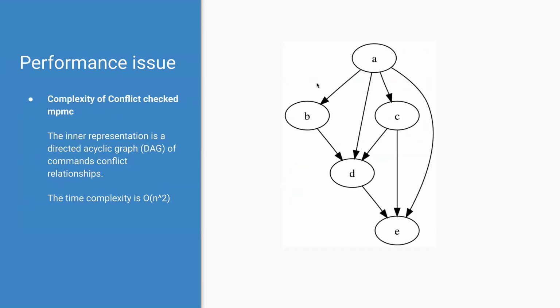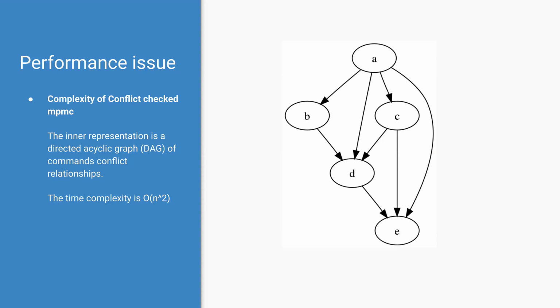In addition to the consistency issues, there are also performance problems in the current design. The first issue is that the complexity of the conflict channel is too high. The inner representation of the channel is a directed acyclic graph of commands' conflict relationships.